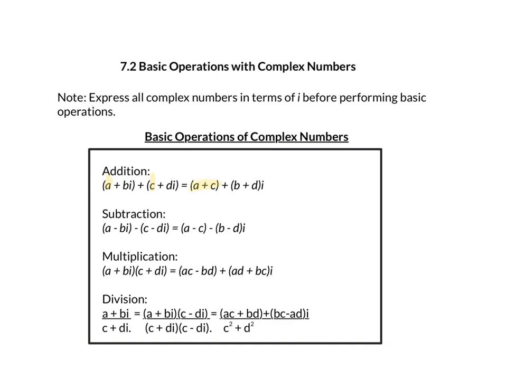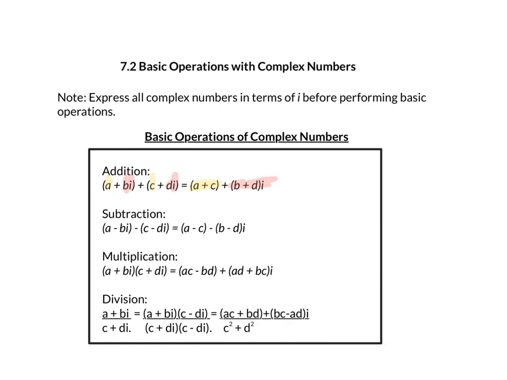Then we take our imaginary parts, bi and di, and add those together. Like, if bi was 4i and di was 5i, we'd have 4 plus 5, or 9i.